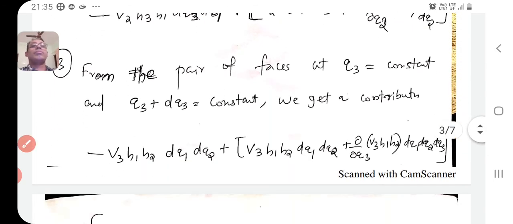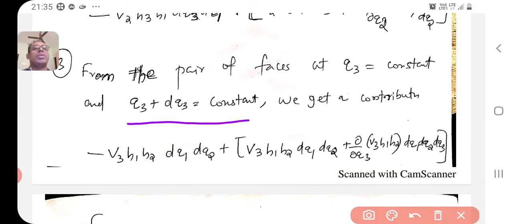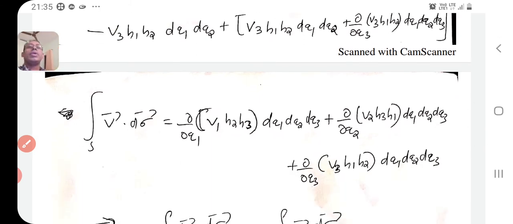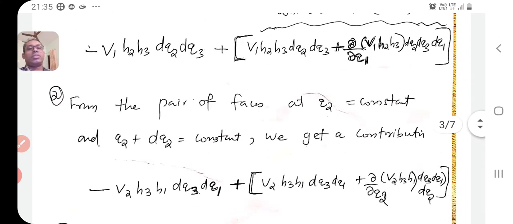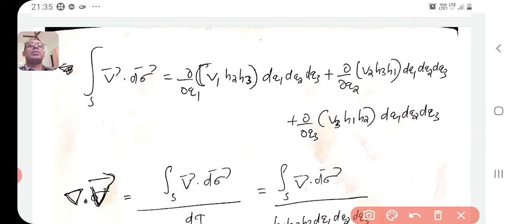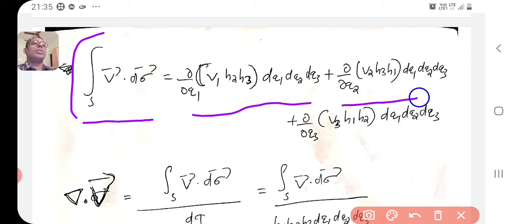For the pair of faces at q3 constant and q3 plus dq3 constant, we get minus v3 this, and as this gets cancelled, we have dou by dou q3 of this. When we add the contributions from all three pairs of surfaces, we get the integral over the surface of V dot d sigma equal to dou by dou q1 of this, dou by dou q2 of this, dou by dou q3 of this.